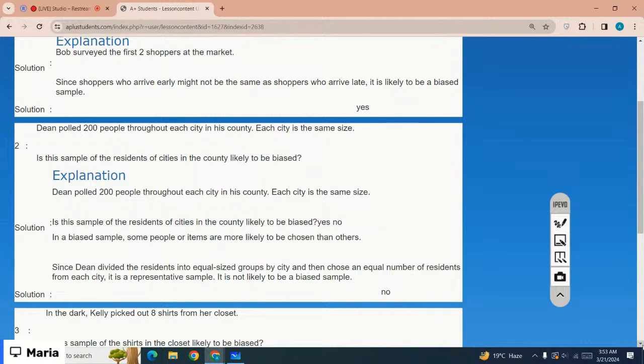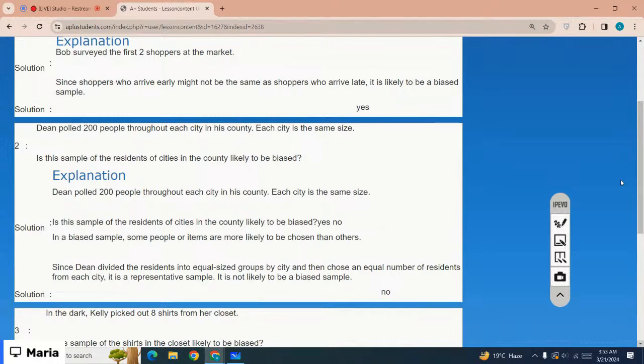And Dean divided the residents into equal size groups by city and then chose an equal number of residents. So that means it is representative data. This is not biased data, right? The correct option is it isn't biased, it is representative data, right?